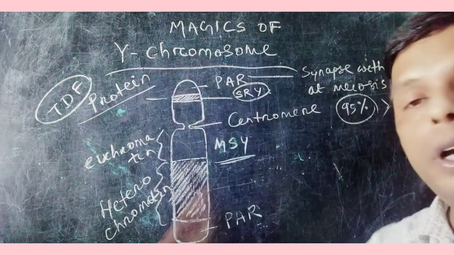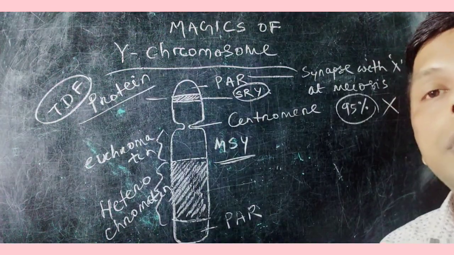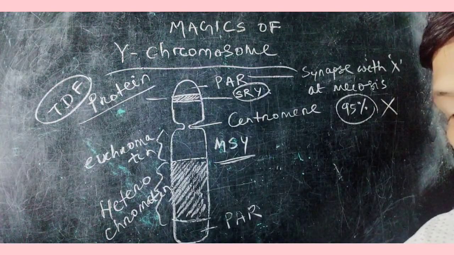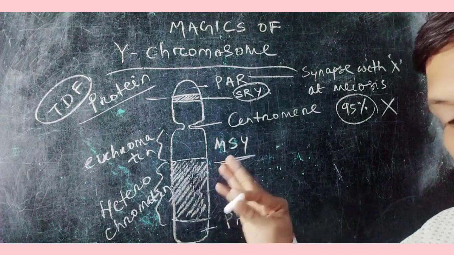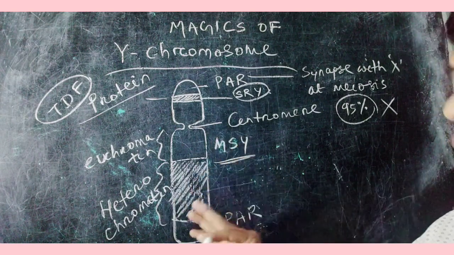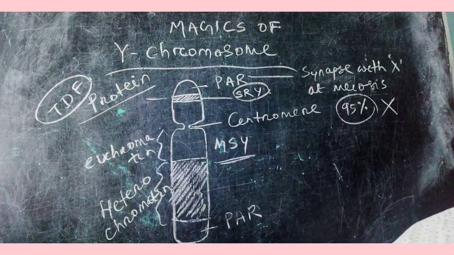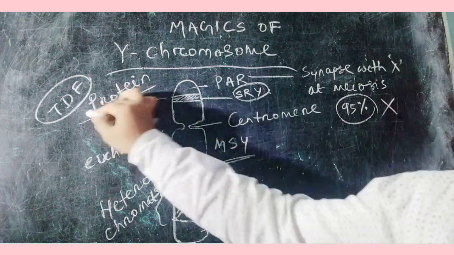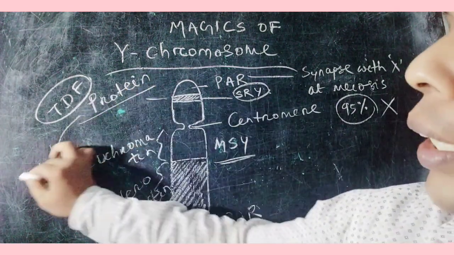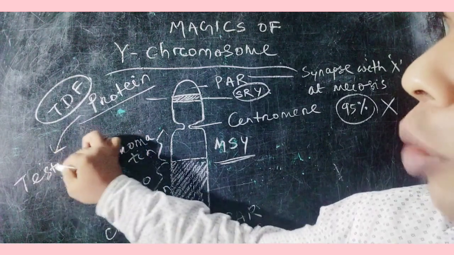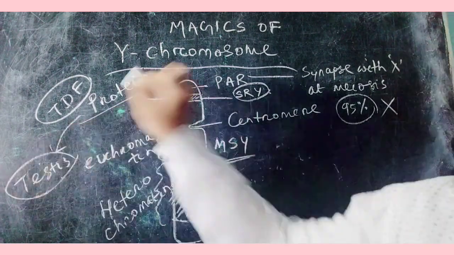This TDF produced from the SRY region, what happens? It helps in converting the undifferentiated gonad tissue of the embryo into testis. So, this protein helps in testis development. Okay, so it is important.